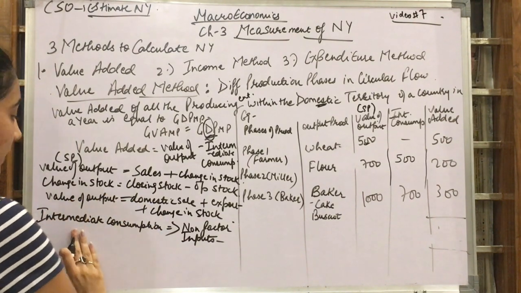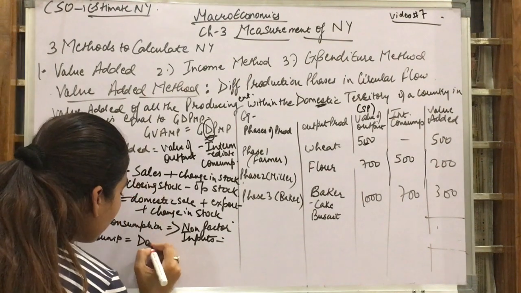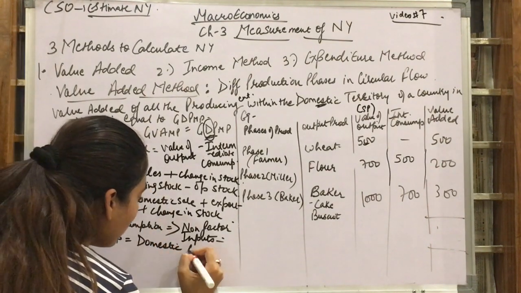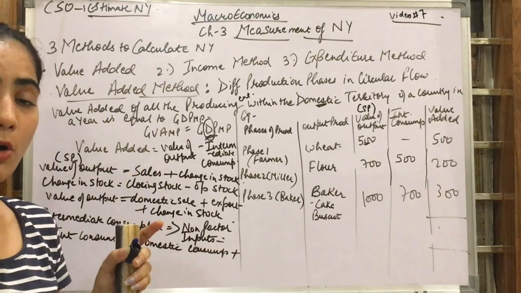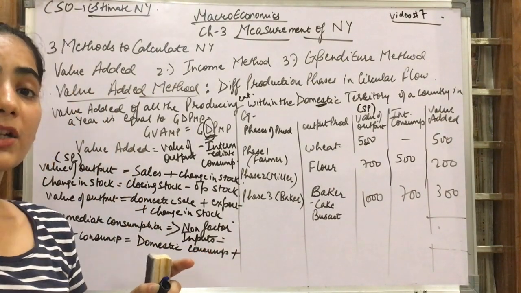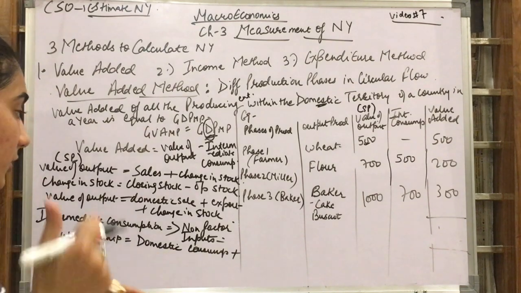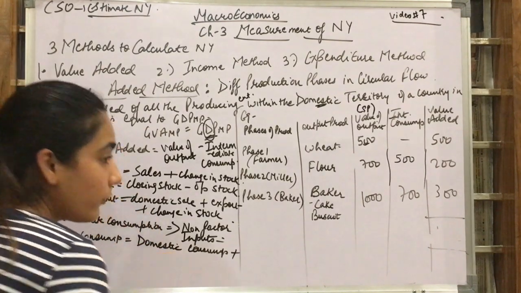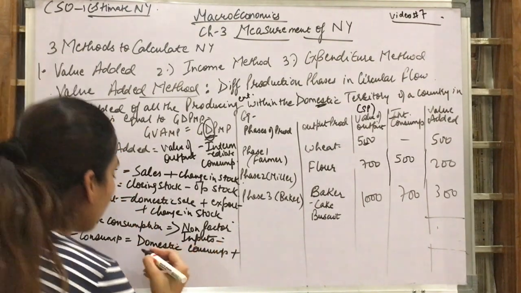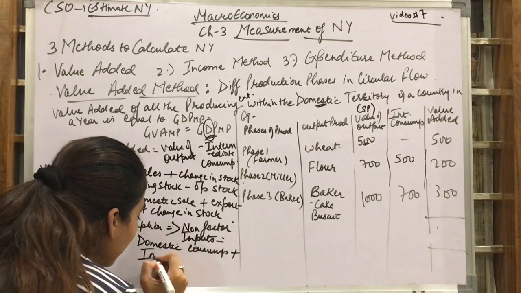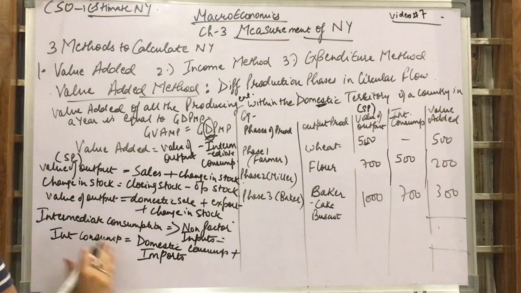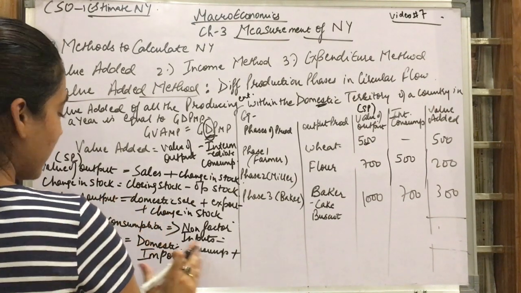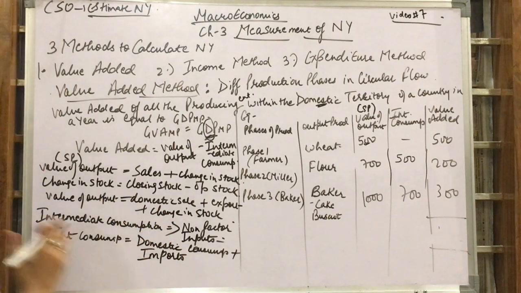Now, intermediate consumption is domestic consumption plus the commodities or products which we are purchasing from outside the country, from other countries. So domestic consumption plus the imports come out as the intermediate consumption.